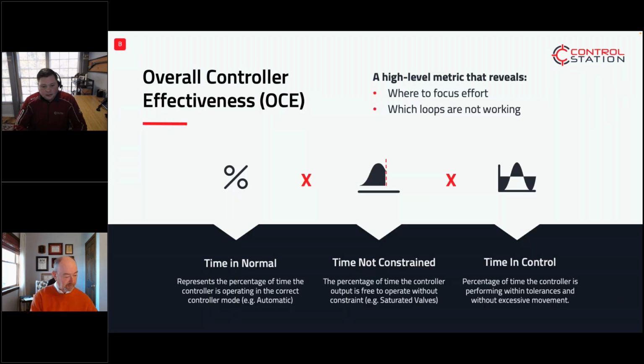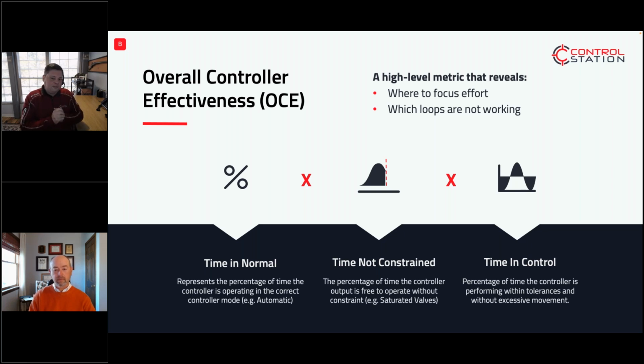Oh, go ahead, Bob. Yeah, and so when we think about that idea of looking at availability, performance, and quality, there are attributes of PID control that fall into those buckets quite cleanly, right? And the first one is the one everyone looks at. What's the percentage of time that you're in automatic, or you're in cascade, you're in the appropriate normal control operating regime for that system?